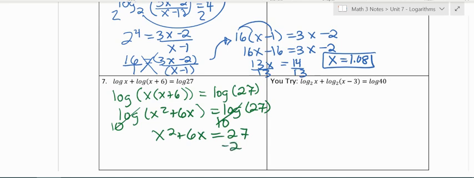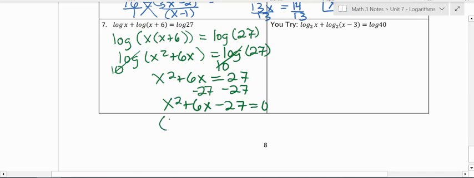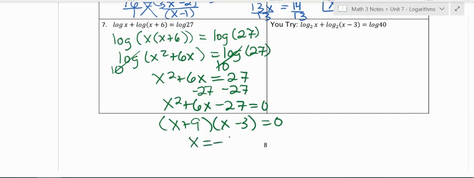So subtract 27, x squared plus 6x minus 27 equals 0. And now when I factor, because this one actually is nice and does factor, I get 9 and 3 over negative 9 and positive 3. And if I put in negative 9, you can see it would make this negative, and you can't have negative logs. So our answer is only x equals 3.